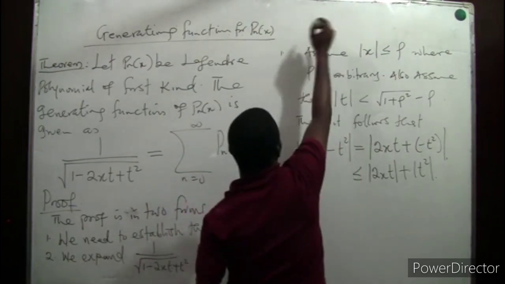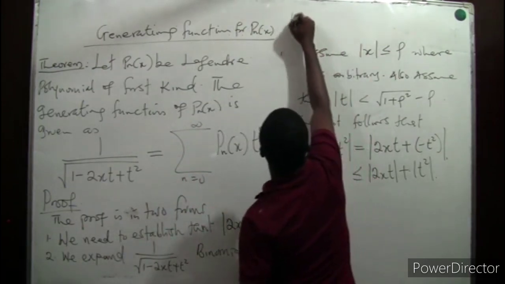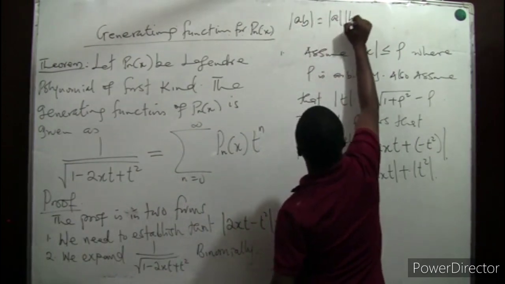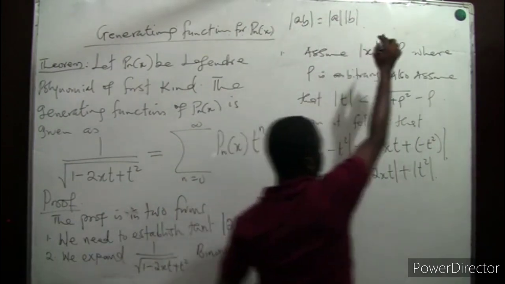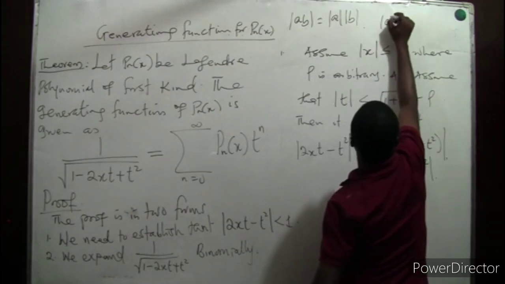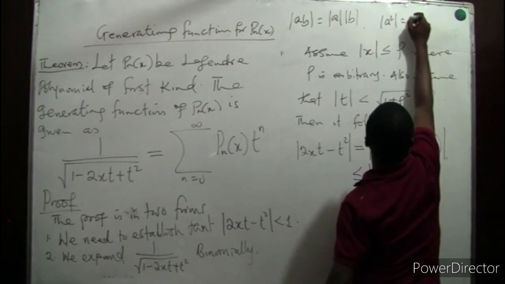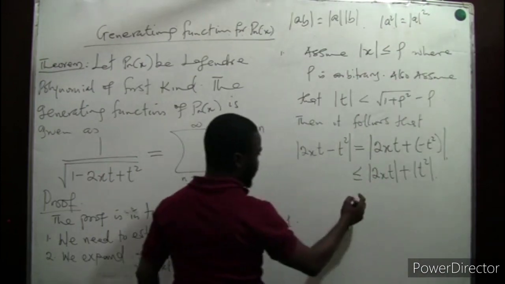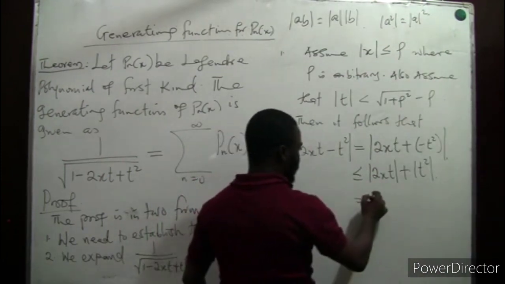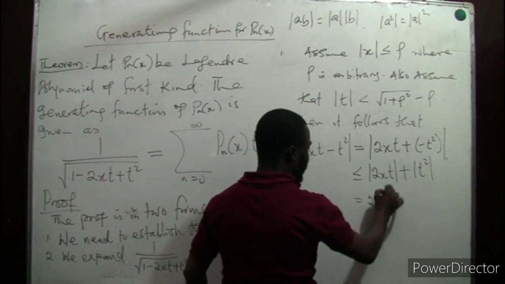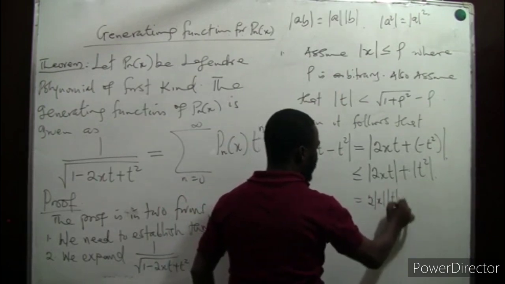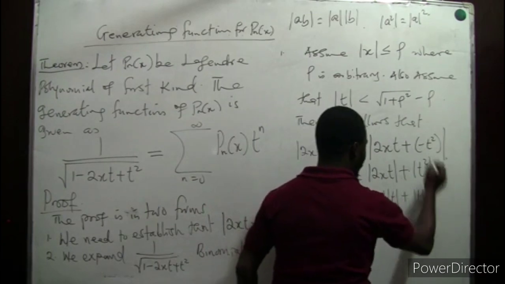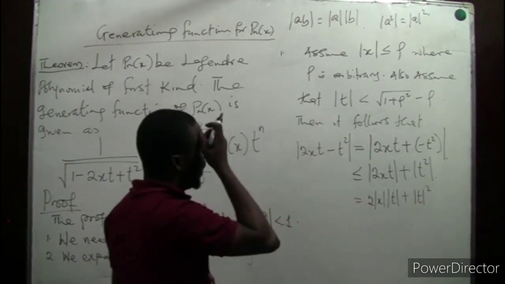Of course, we know that absolute of AB is the same thing as absolute of A times absolute of B, and also that absolute of A squared is the same thing as absolute of A all squared. So we can write this one now as equal to 2 absolute of x, absolute of t plus absolute value of t all squared.